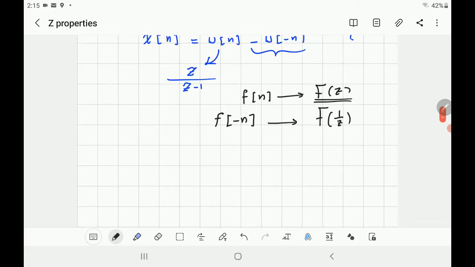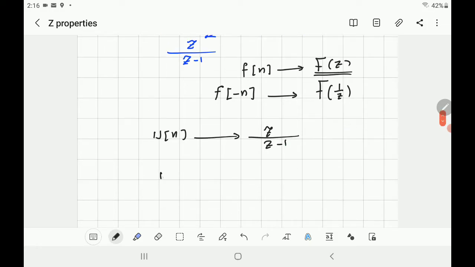Well, how can we do that here? We know that the unit step function goes to z over z minus 1. So if you want to find u of minus n, all you are supposed to do is replace every z by 1 over z. So that will be 1 over z, over 1 over z minus 1.